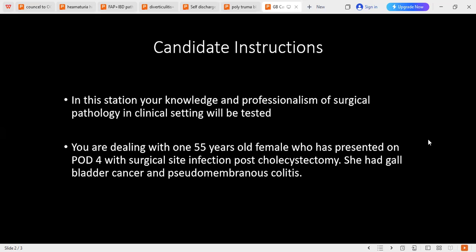What are the risk factors which lead to gallbladder carcinoma? The risk factors are age greater than 70 years, female gender, family history, ethnicity like Mexicans and Native Americans. There could be smoking.